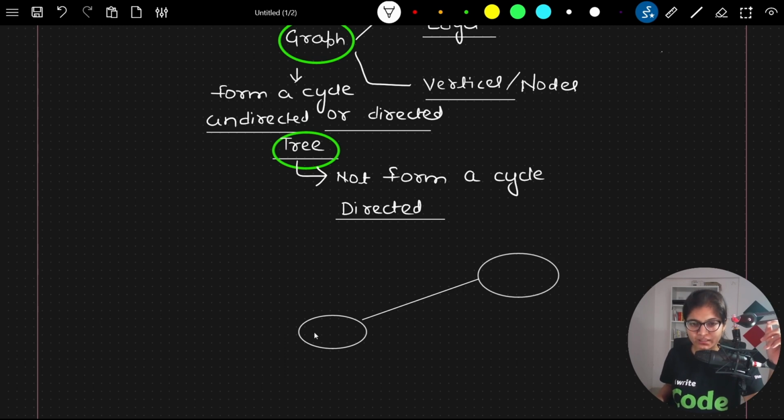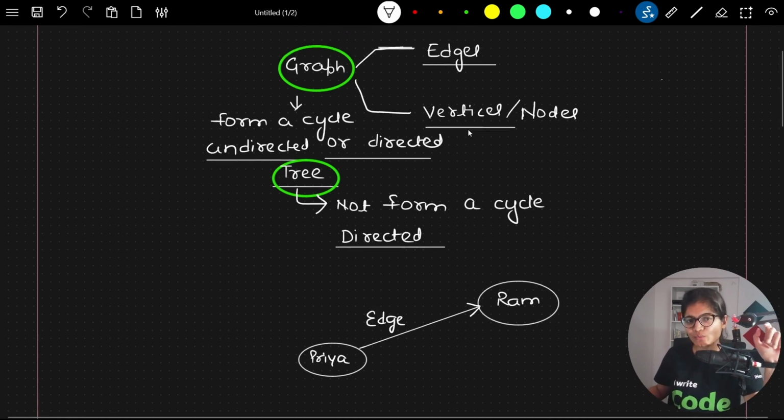Suppose I am Priya and there is another person, Ram. He sent me a request and I accepted his request on LinkedIn. Now we both are connected. So me as a node, he as a node, and there is an edge that exists between us.